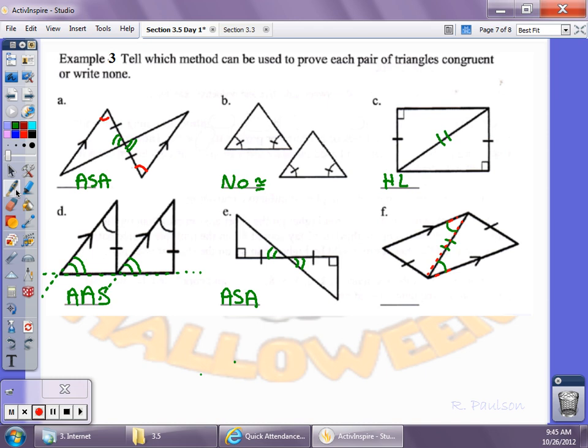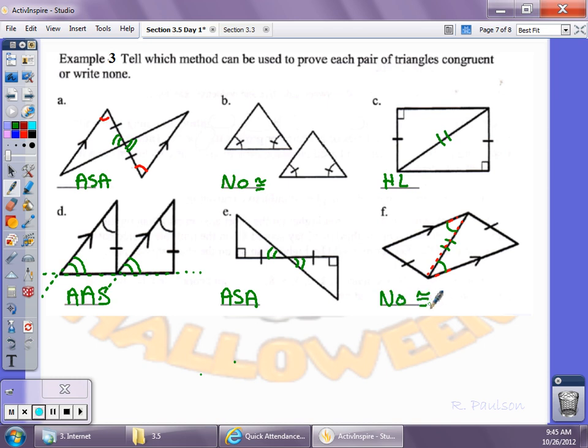But what you're going to notice is that that angle is not included between the two sides marked congruent. So this is an example of the side-side-angle postulate, if there was one, which there isn't. So we can say that based on this information, there is no congruence.